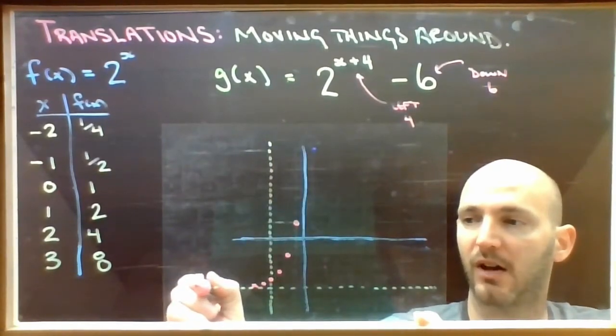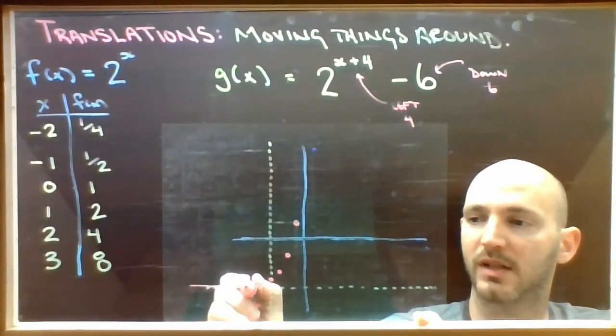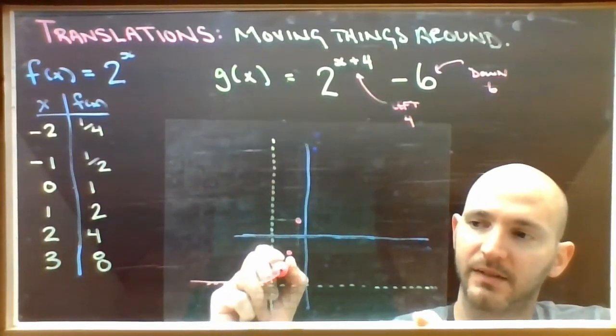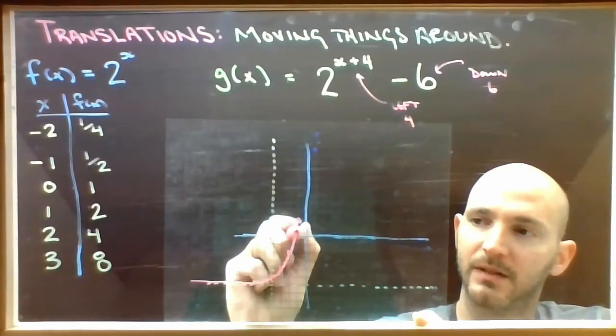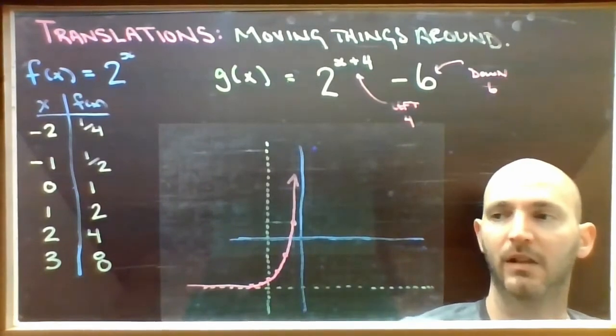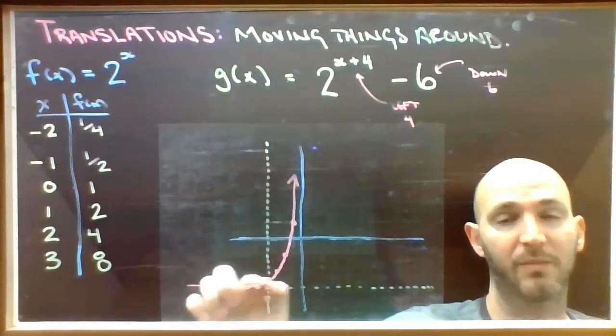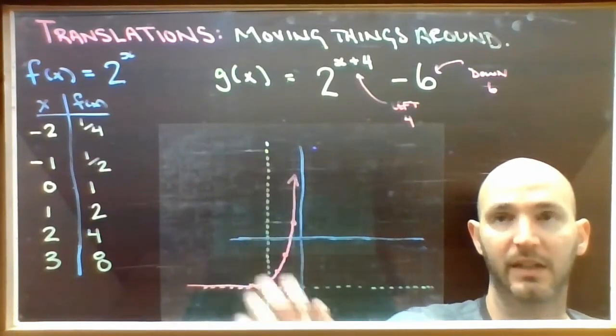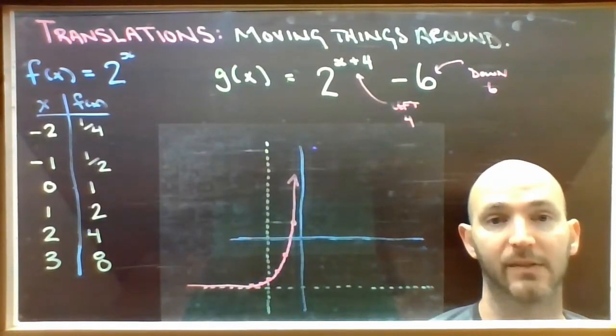So I'm just going to draw in my horizontal asymptote and then swoop up through my dots like so. So I have this basic exponential pattern, base 2, that has been moved from the original origin, left 4 and down 6.